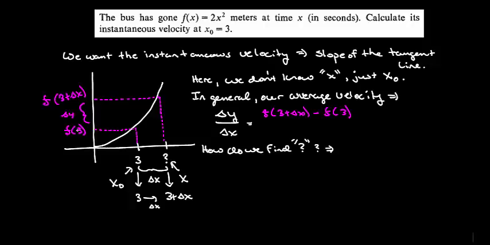So we've got f of 3 plus delta x minus f at 3, and that's our change in the y value. We want to divide that by the change in the x's, so it's 3 plus delta x minus 3, which of course is just delta x.